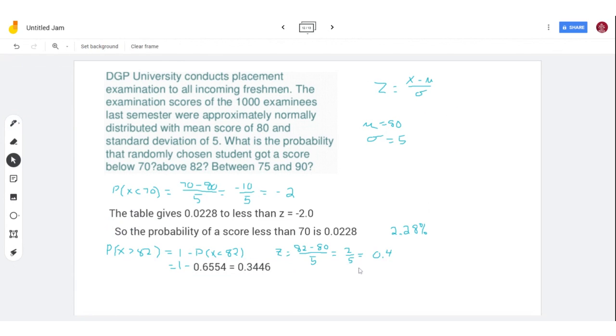So the probability that it's greater than 82 is 1 minus the probability of it less. So that's 34.46. Let me do the last one real quick because we got to do 2 of them here.